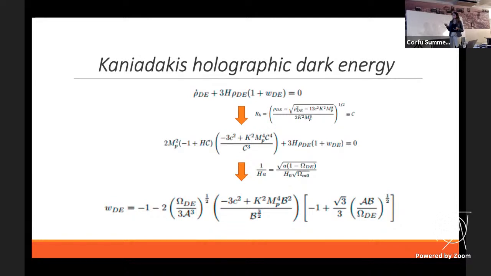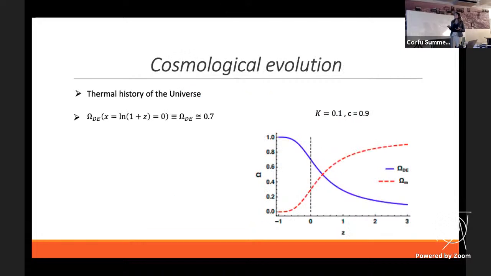It's this one. After calculations, we can extract the equation of W dark energy, the equation of state of dark energy. And now, let's see the cosmological evolution, the physical meaning of these equations.